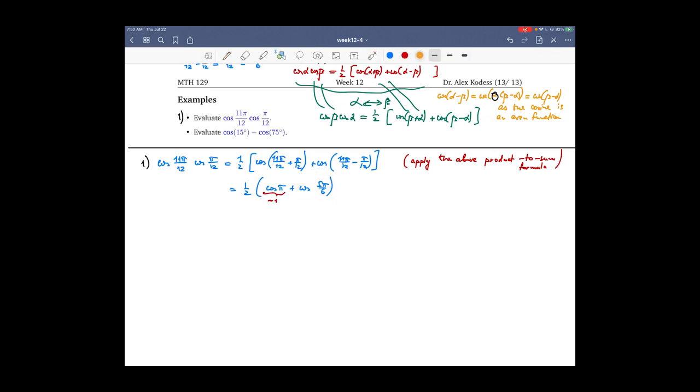Well, we can remind ourselves by drawing the unit circle. Here is the angle 5 pi over 6.